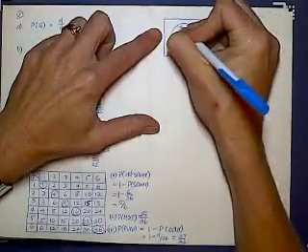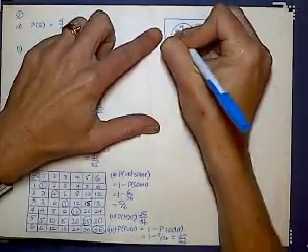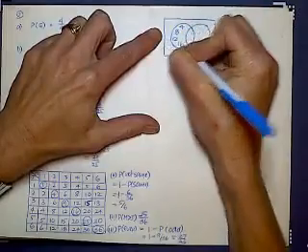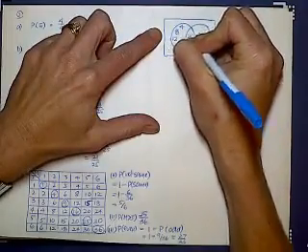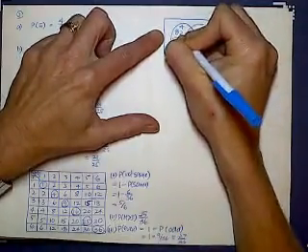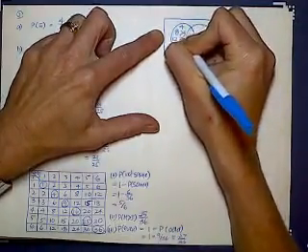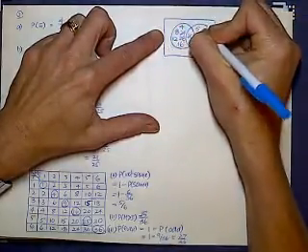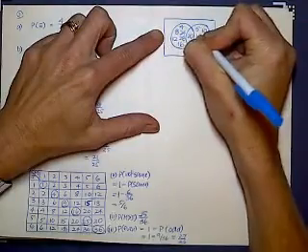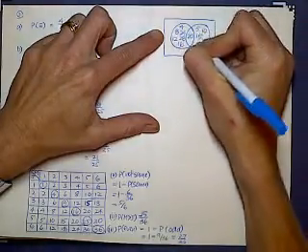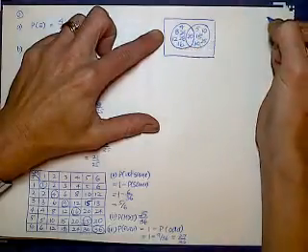Multiples of 4 would be 4, 8, 12, 16, and I'm going to place 20 in here because it's also a multiple of 5, 24 and 28. Doing the multiples of 5: 5, 10, 15, 20, 25, 30.